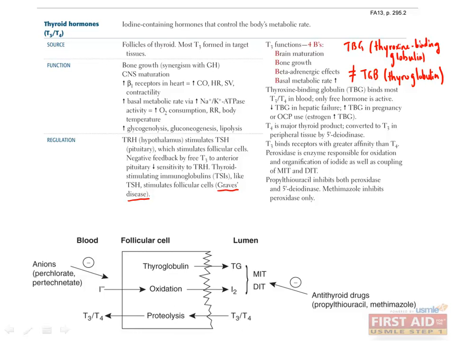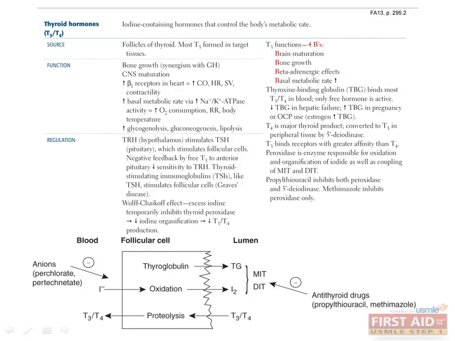While PTU inhibits both thyroid peroxidase and 5' deiodinase, methimazole only inhibits peroxidase. Both drugs take time to have a clinical effect because they block synthesis of thyroid hormone but do not deplete existing stores. Interestingly, excess ingestion of iodide can lead to a transient decrease in thyroid hormone levels because of thyroid peroxidase inhibition. This phenomenon is known as the Wolff-Chaikoff effect.